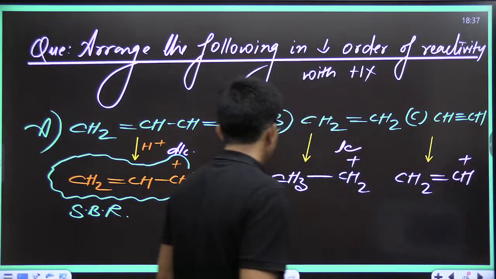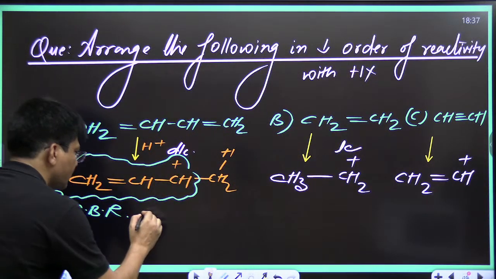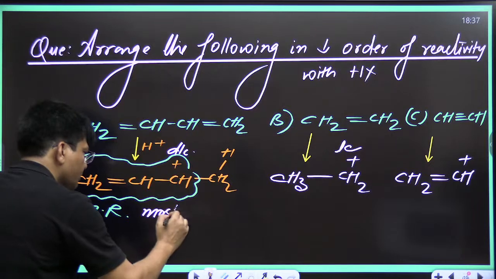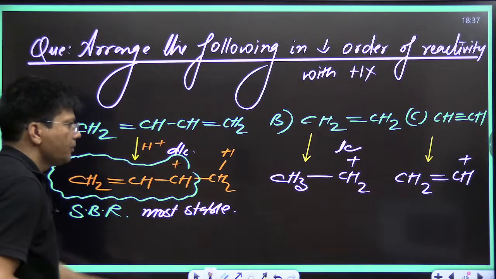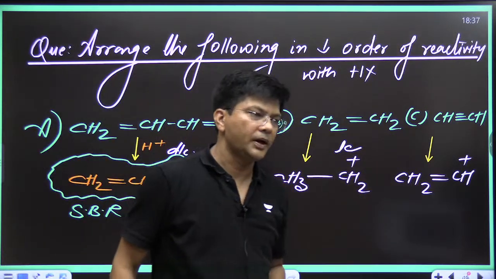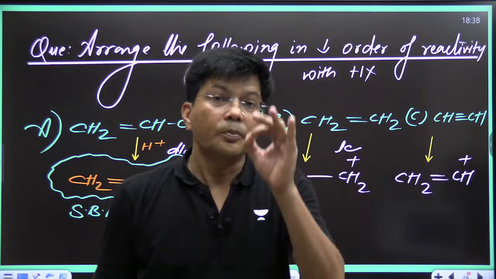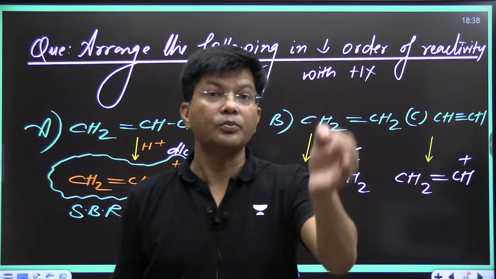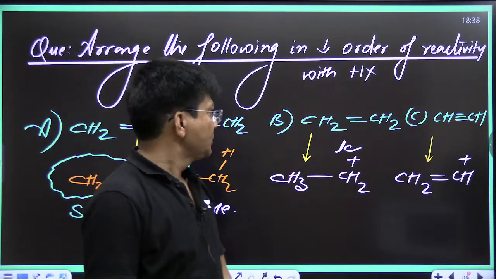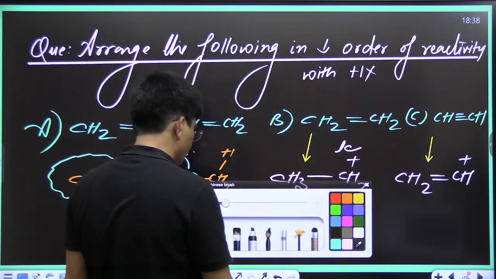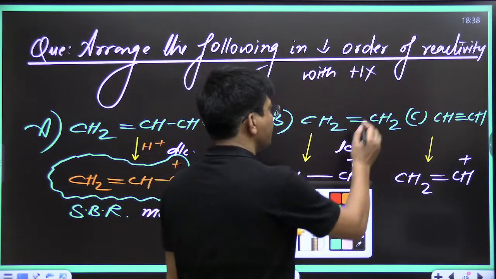Now you can see this is the most stable carbocation because it is stabilized by resonance. But out of these two, how to compare? Remember that positive charge is more stable on less electronegative carbon. Now the question arises how to find out which one is less electronegative.